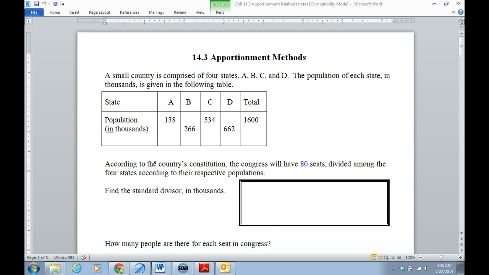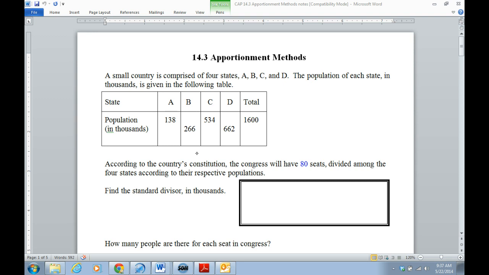So here we have an example, and we're going to use this example throughout today's lesson. We have a small country that's comprised of 4 states, A, B, C, and D. The population of each state is in the 1,000s and is given by the following table. Here, A has 138, B has 266, C has 534, and D has 662, with a total population in the entire country of 1,600.